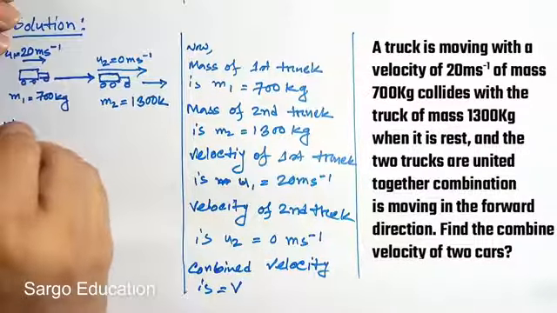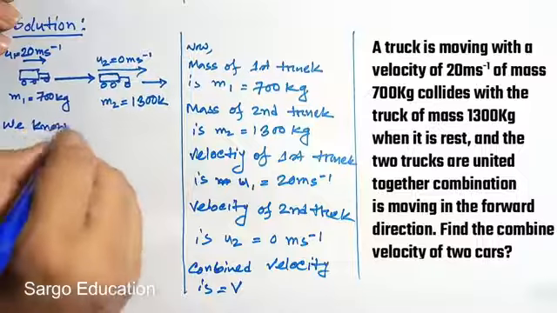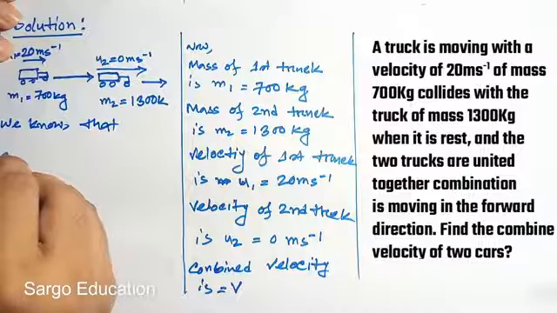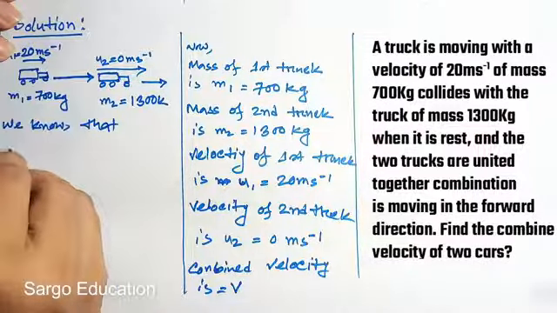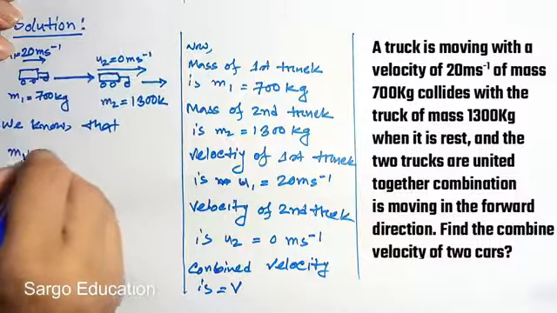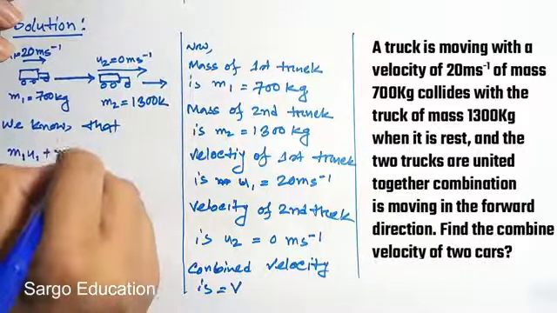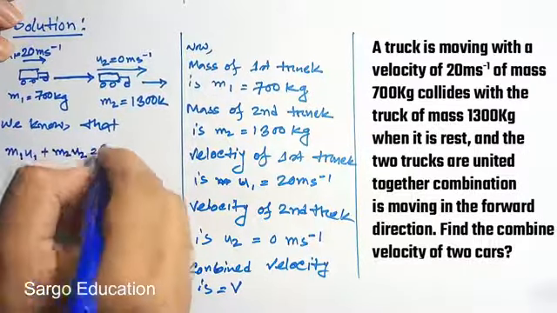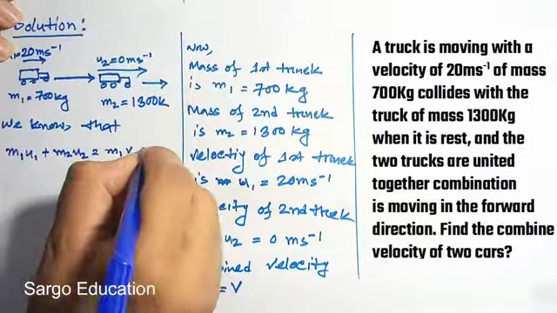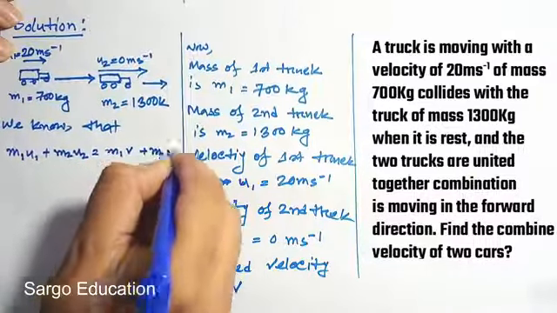Now we know that the formula of momentum is P equals m into v. Now for two cases we write m1 u1 plus m2 u2 equals m1 v plus m2 v.